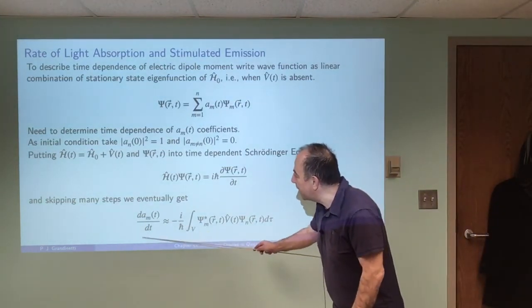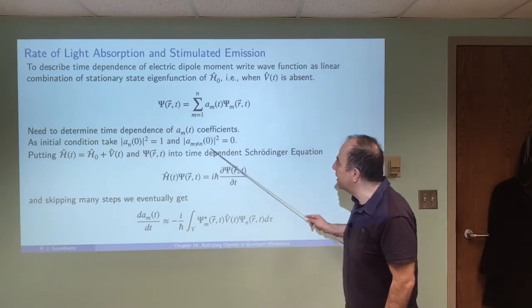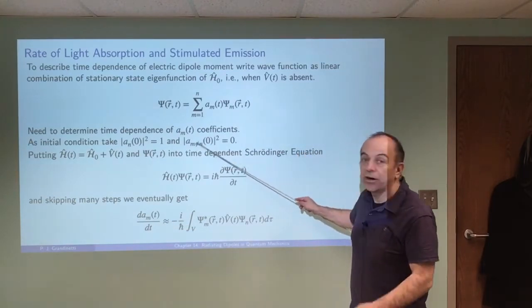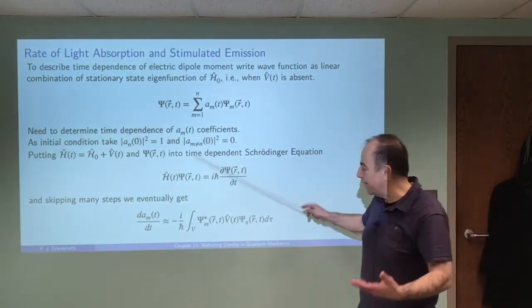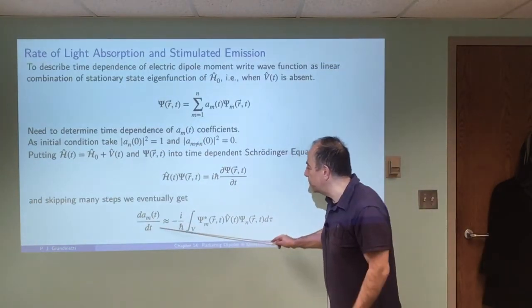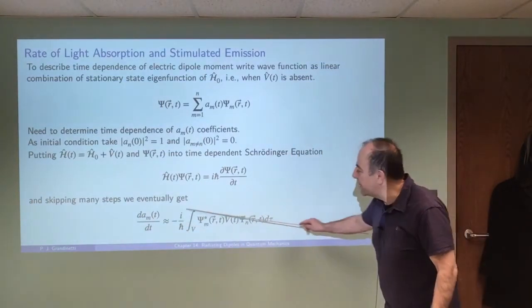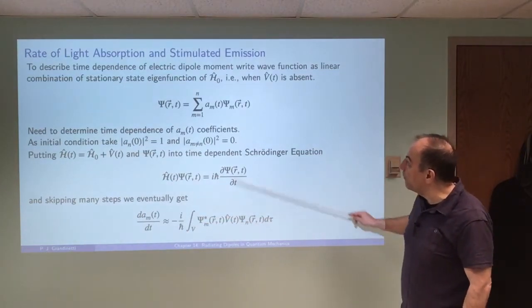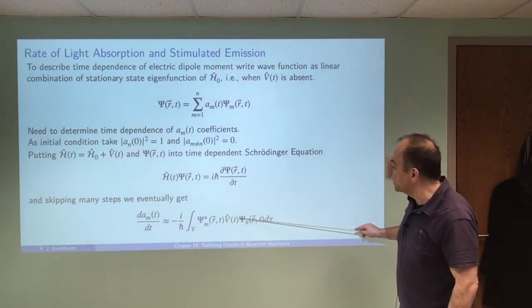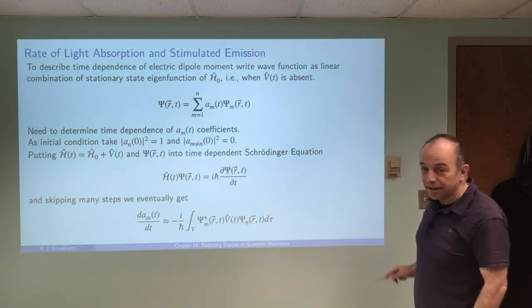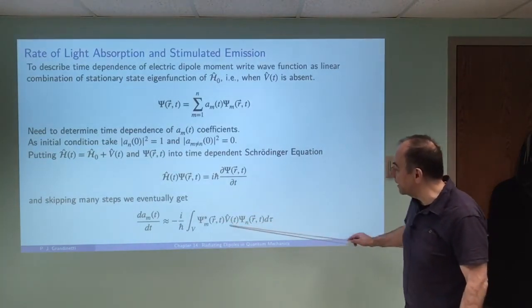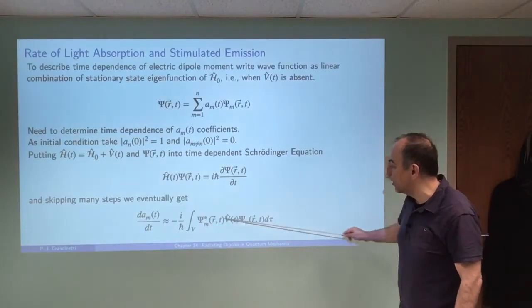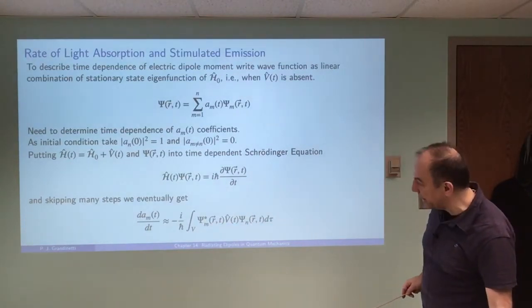But you find that the rate of change of these a_m's, the ones that are initially not populated, is given by this integral here: minus i over h bar, times the integral of the perturbation sandwiched with the energy eigenstates, and we see we have the cross terms here between the different energy eigenstates.